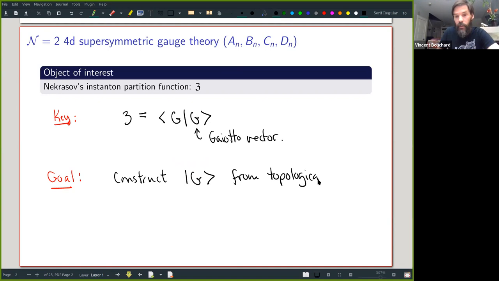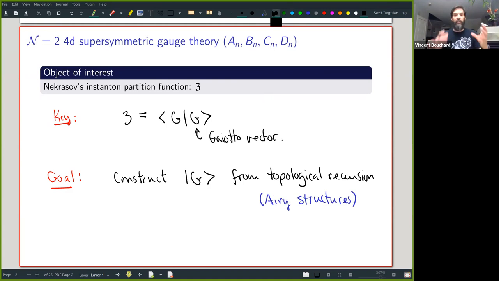For those not familiar with this, I'll explain what this is. More specifically, what we'll use is the reformulation of topological recursion by Kontsevich and Soibelman, which has become known as airy structures. So the main goal of this talk is to construct this Gaiotto vector very explicitly in all these cases, in a recursive way, so we can construct everything explicitly using topological recursion.